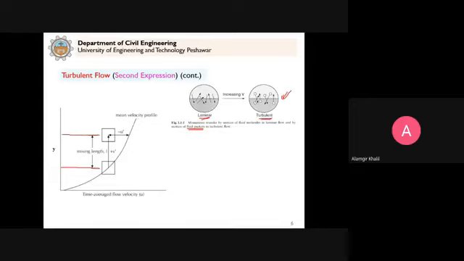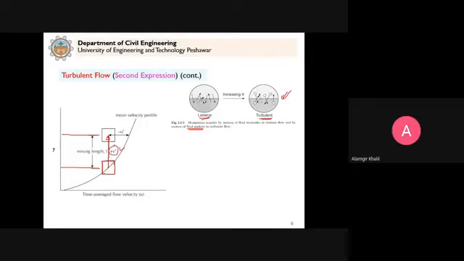And as you can see the velocity profile drawn here, when this fluid particle, or pocket of fluid, which is an eddy, moves from this layer to this layer. Clear? This is in the positive y direction.